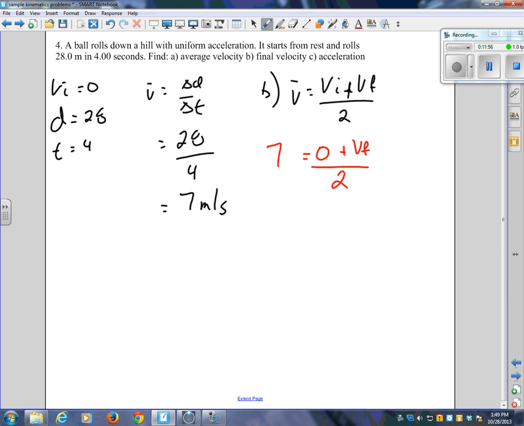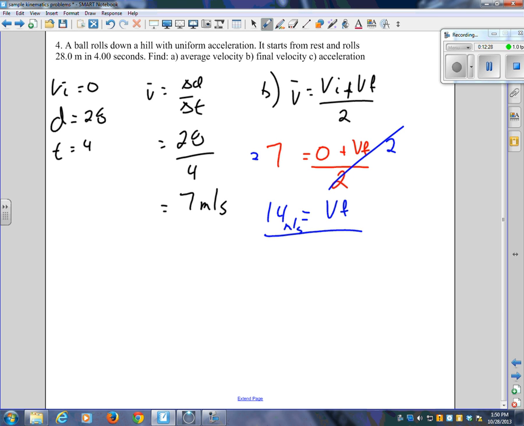How do you solve such a complex equation? I use finger quotes with the word complex, because it's not. The 0 really isn't there. 0 plus something is still the something, right? How do I get rid of divide by 2? Multiply both sides by 2, and what do I get? 14 equals VF. Am I going to be okay with 14 meters per second equals VF instead of VF equals 14 meters per second? Yeah, I'm good.